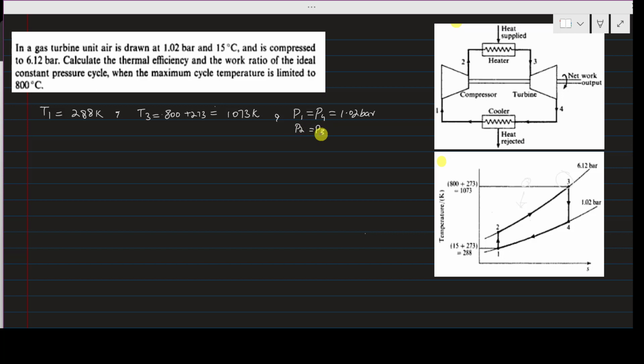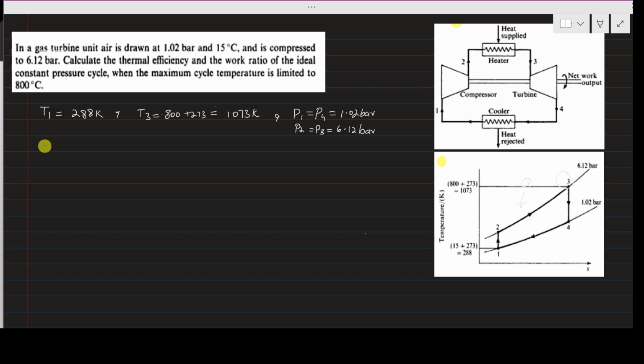P2 is equal to P3, and that is 6.112 bar. These are the constant pressure lines. Also, you know that the gas turbine always works on a Brayton cycle, also called the constant pressure cycle, which contains two isentropic processes and two constant pressure processes.